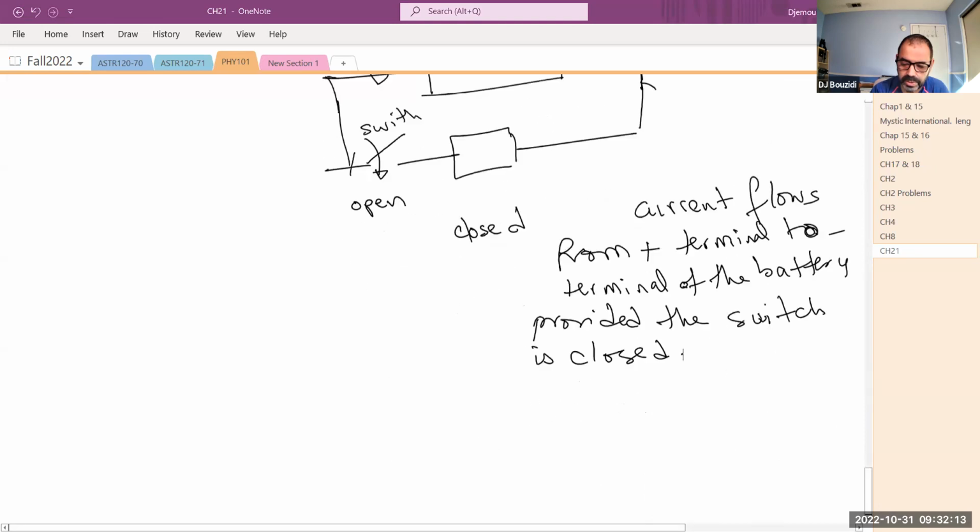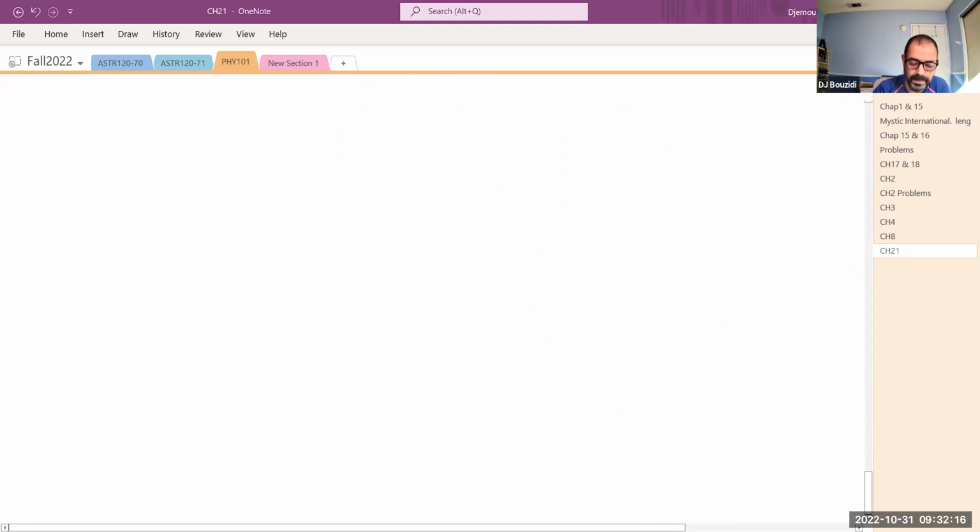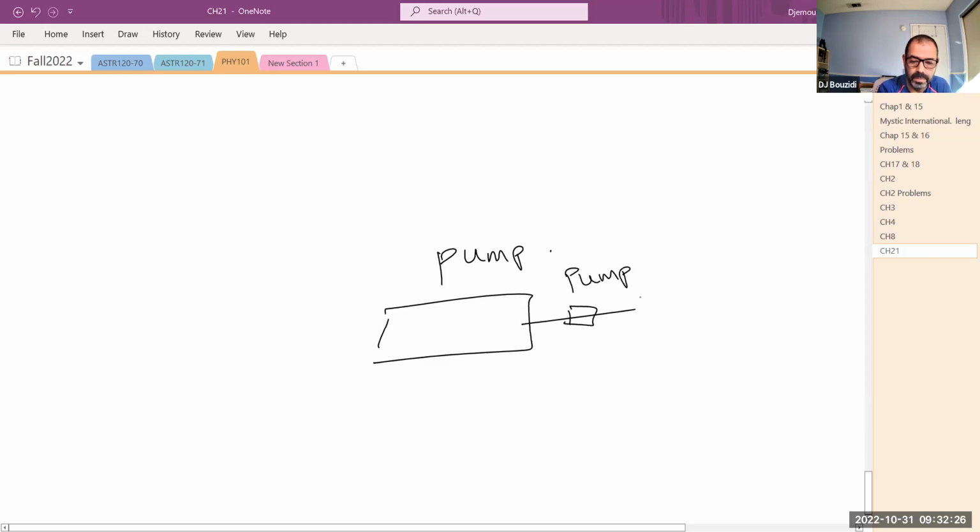Here is the analogy with it too. Think of a pump. You have a reservoir of water, and there is a pump in here. The pump will pump the water over a hill. And that water will later on let go to come down the hill again on its own.